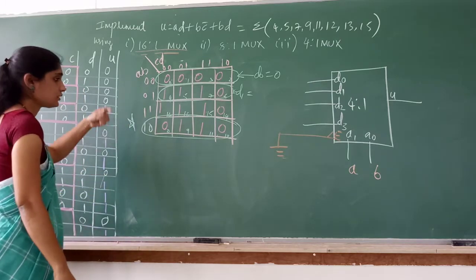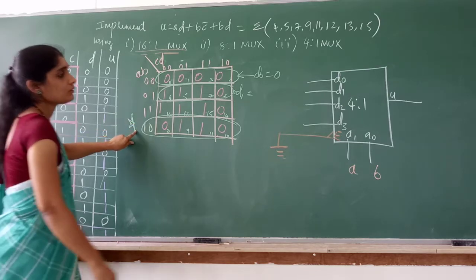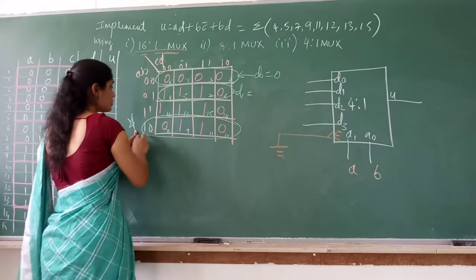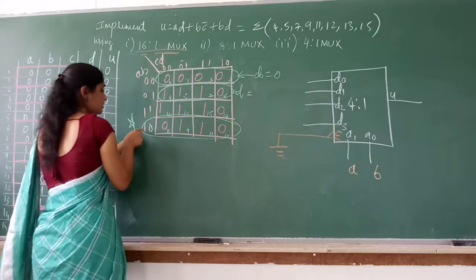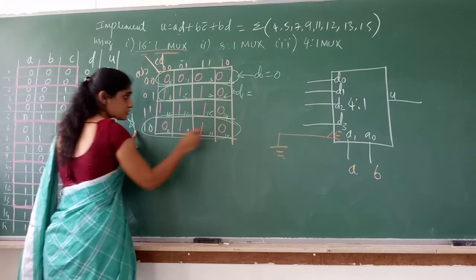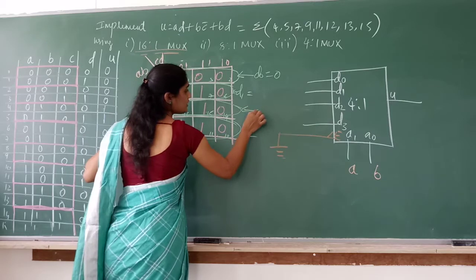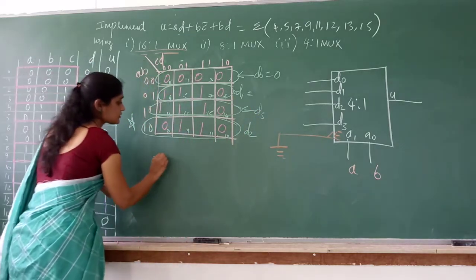Don't connect the wrong input to D2 and D3. When AB is 1 0, D2 will be connected, so AB is 1 0 here. Similarly, 1 1 is for D3. Now let us write D1 separately.